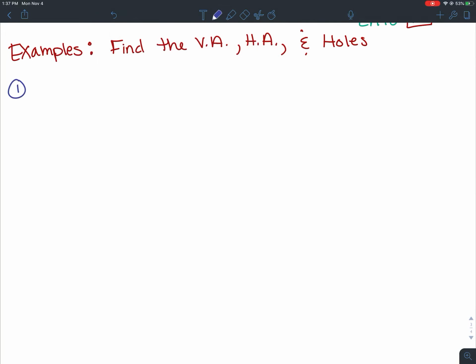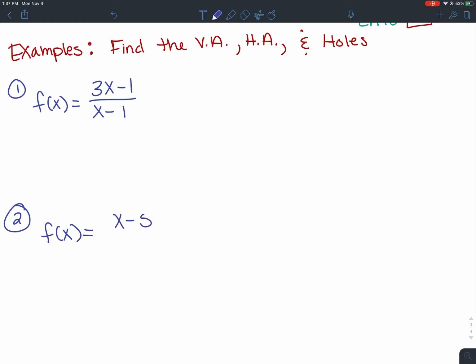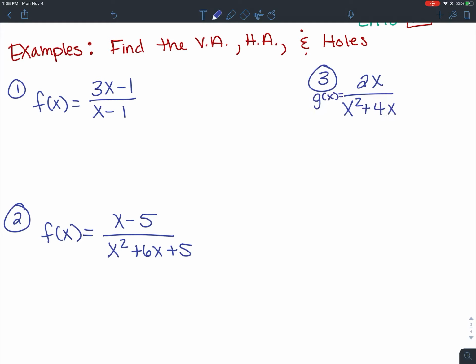All right, so 4 of them. Here's the first one. F of x equals 3x minus 1 over x minus 2. Here's the second one. F of x equals x minus 5 over x squared plus 6x plus 5. Here's the third one. 2x over x squared plus 4x, and technically I should have a name, we'll call it g of x.